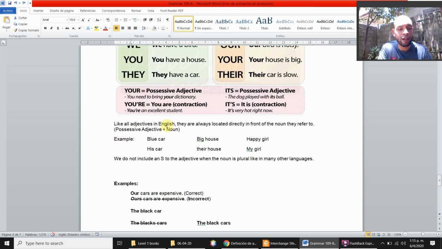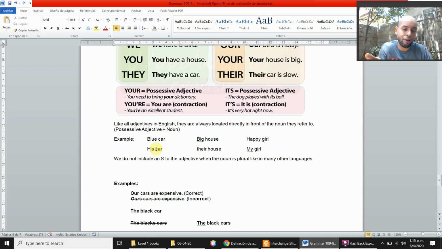So, like all adjectives in English, they are always located directly in front of the noun they refer to. For example, here, blue car. What's the color of the car? Blue. It's describing a trait of the car. And this here, his car, it's also describing something of the car.